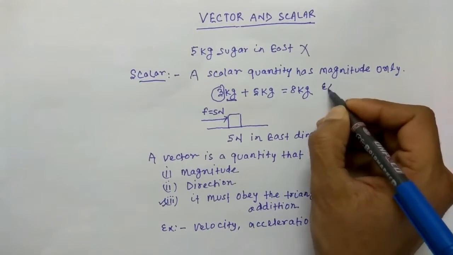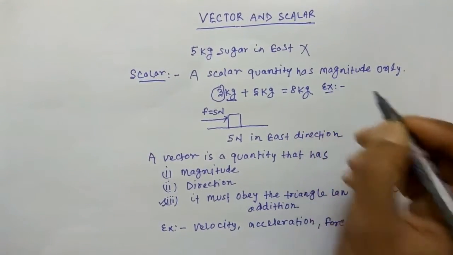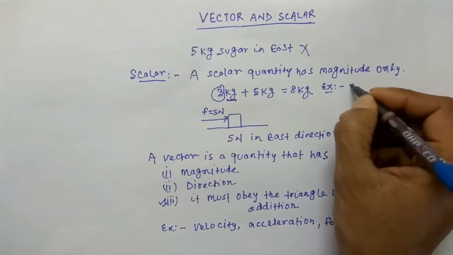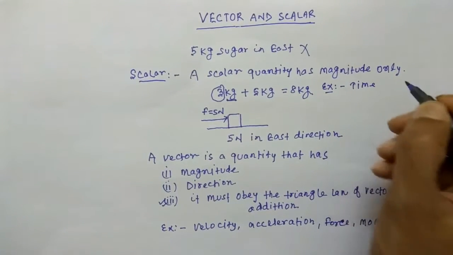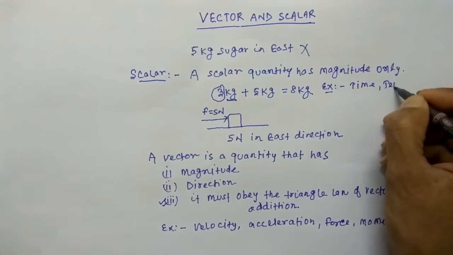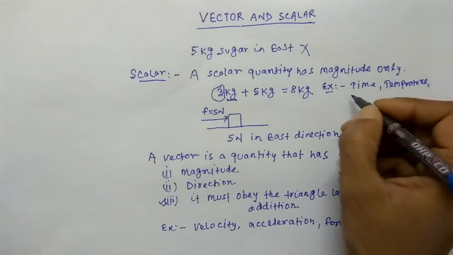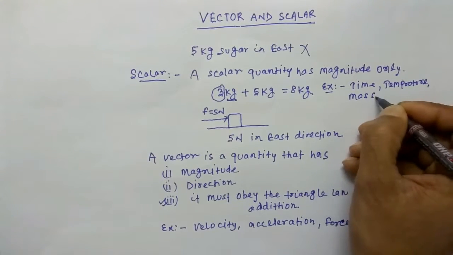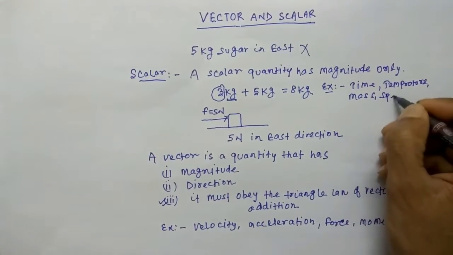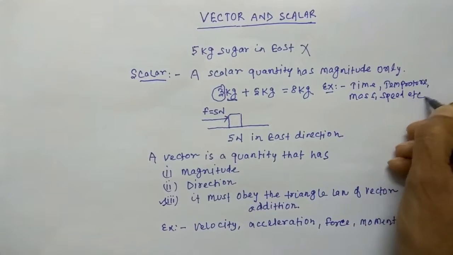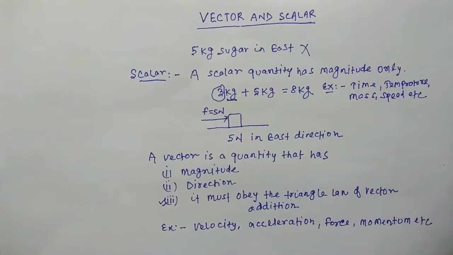Now for scalar quantities, some examples are time, temperature, mass, speed, etc. So vector quantities must have magnitude, direction, and must obey the triangle law of vector addition.